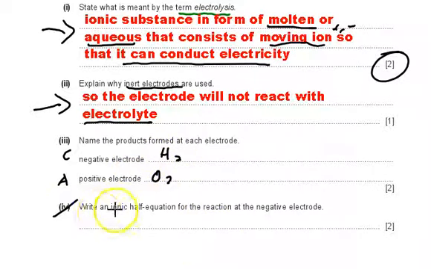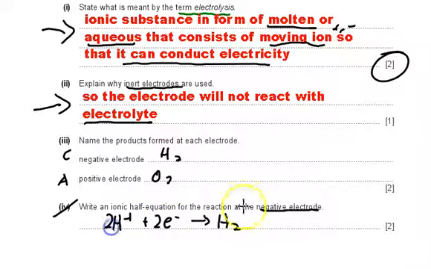Okay, write an ionic half equation for reaction at the negative electrode. So you can write hydrogen, 2, 2 and 2.